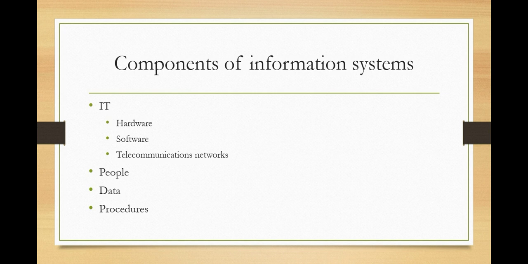We have people as another component in an organization. People in organizations use information systems to process, for example, sales transactions, or in a bank, these people can use information systems to manage loan applications or to help financial analysts to decide where and when or how to invest their money.